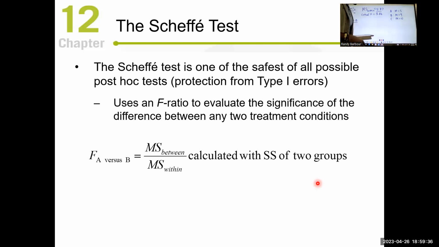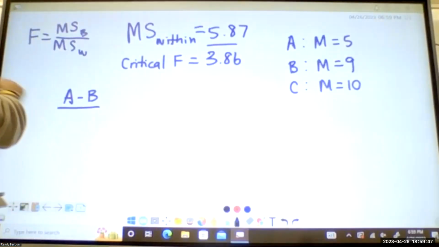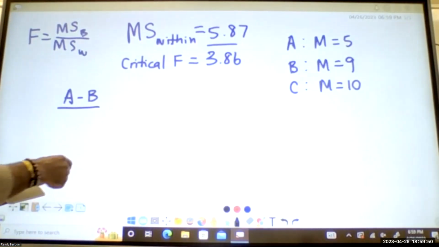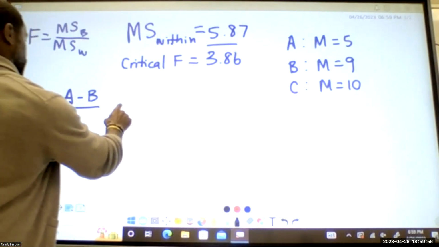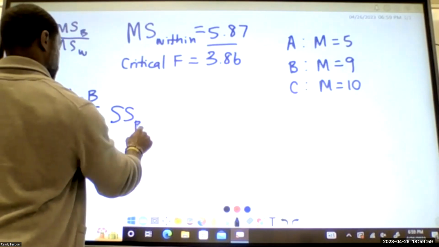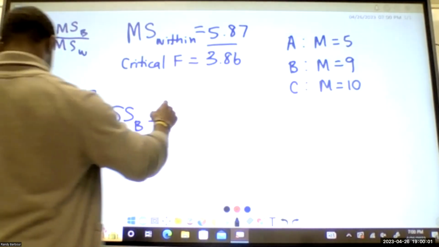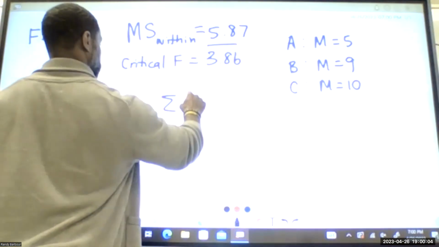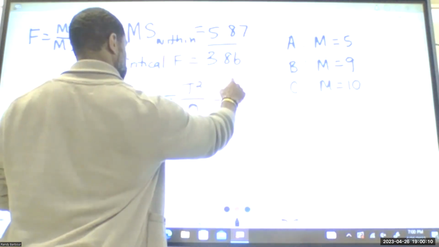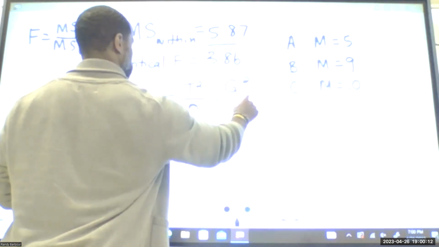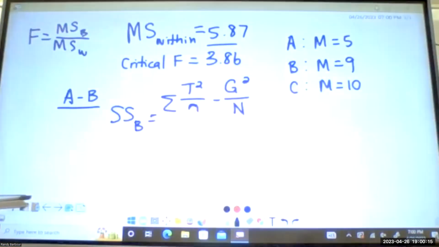Let me go ahead and do it. So for A versus B, that's going to give me T_B squared over N plus T_A squared over N, minus G squared over N total.